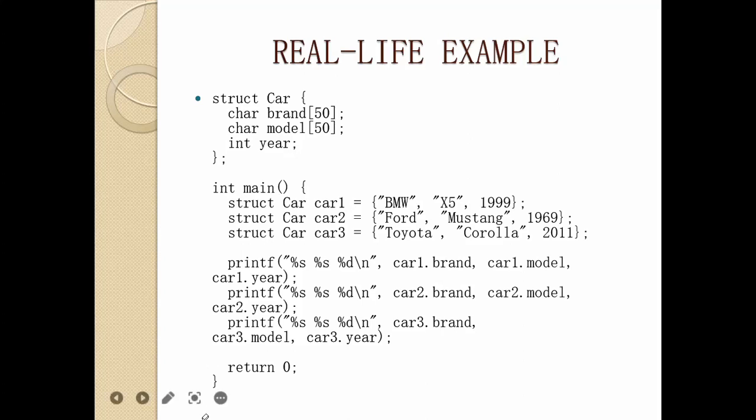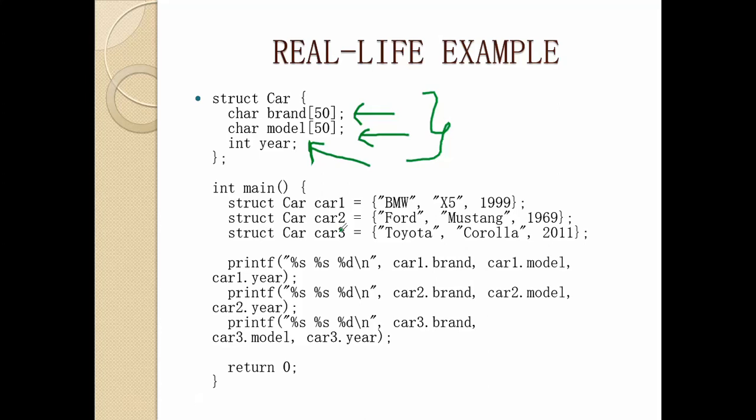That can certainly be the brand of the car, taken as a character array, the model of the car, and the year in which it was manufactured. There can be many more, like color, price, and the measurements of the car, but we are taking only 3 attributes here: brand, model, and year. Year is the integer type, and all the others are character array types.